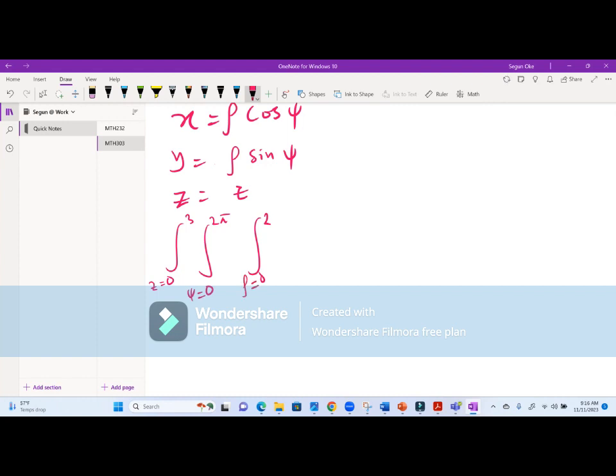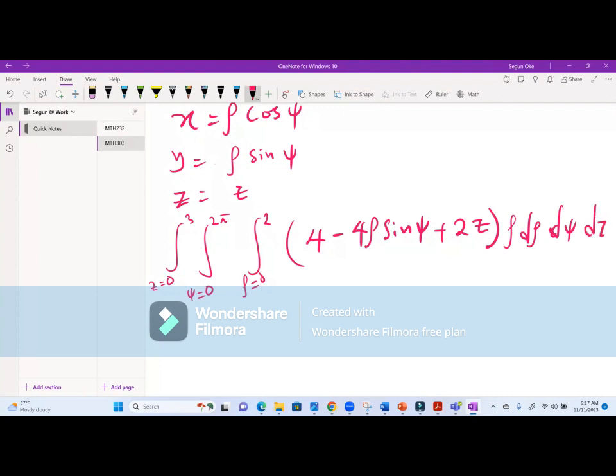Our rho will now change to 0 to 2. Then we have 4 minus 4 rho sine phi, because that's our y, plus 2z. Z remains the same. So we have it to be rho, the d rho, the d psi, and the dz.